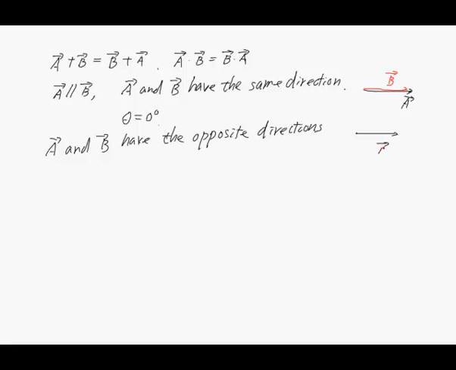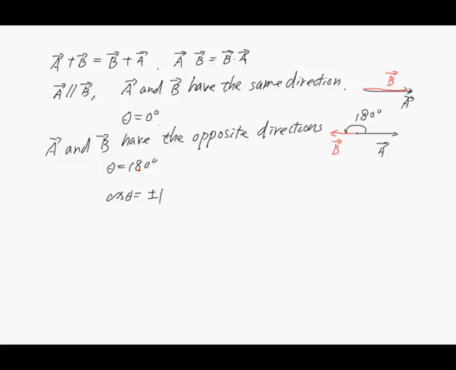This is A. And then B is like this. Now, in this case, you have the angle between A and B. This is just a straight angle. It's 180 degrees, right? So in this case, you have theta equal to 180 degrees. And in both cases, you always have cosine theta equal to either plus 1 or minus 1.